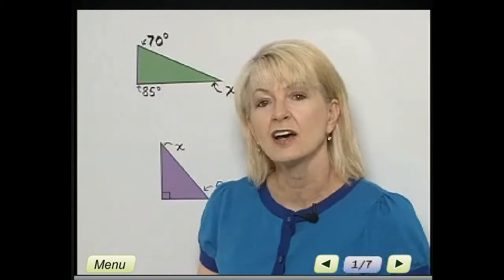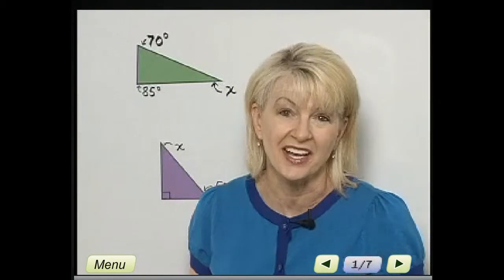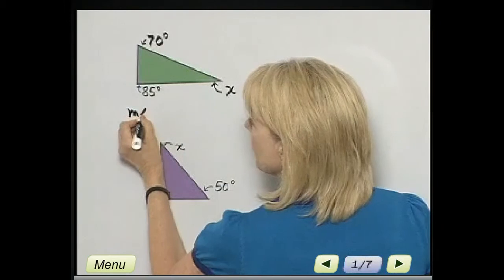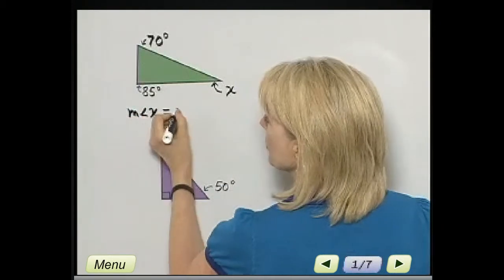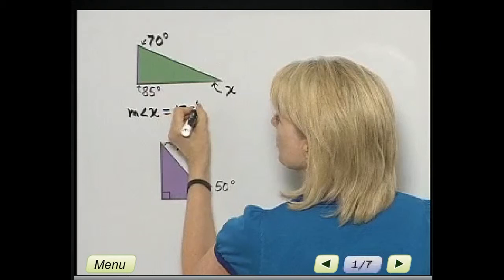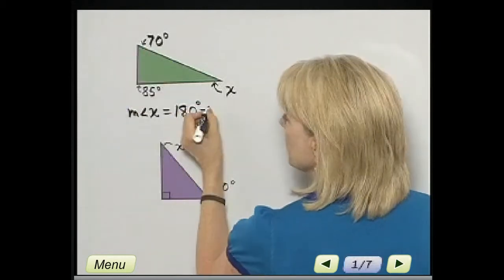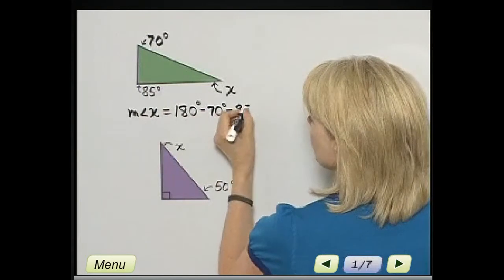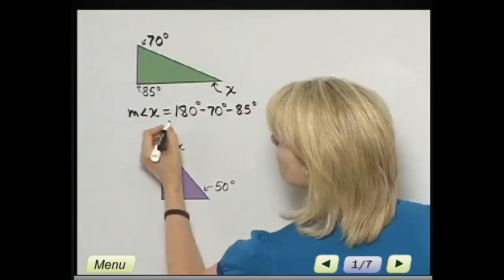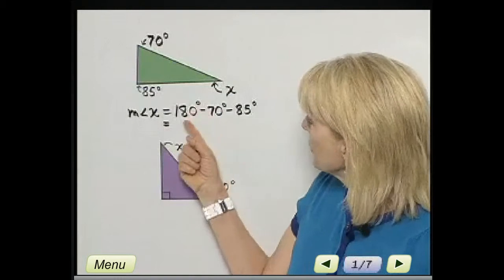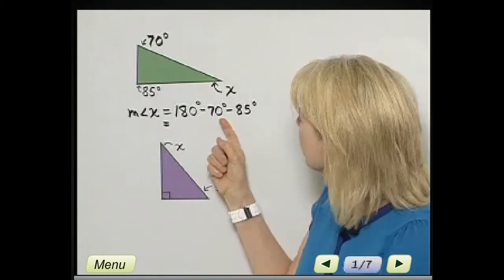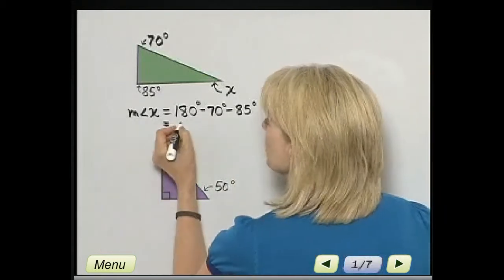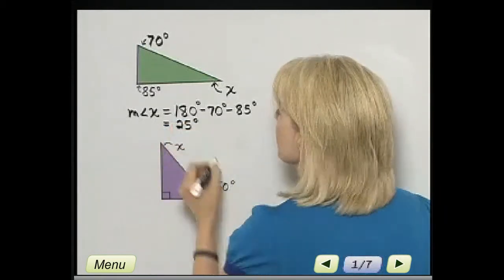So since the sum of the angles is 180 degrees, the measure of angle x, that's what that stands for, should be 180 degrees minus the measure of this angle, 70 degrees, and then minus the measure of this angle, 85 degrees. And if you perform this arithmetic, 180 minus 70, that's 110, and 110 minus 85, that's 25. So the measure of angle x is 25 degrees.